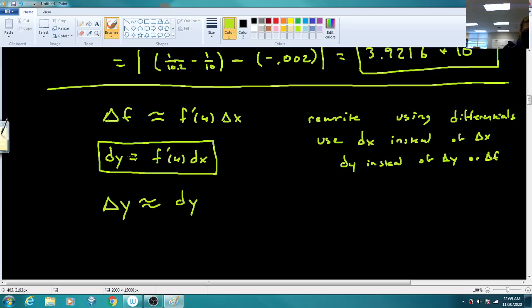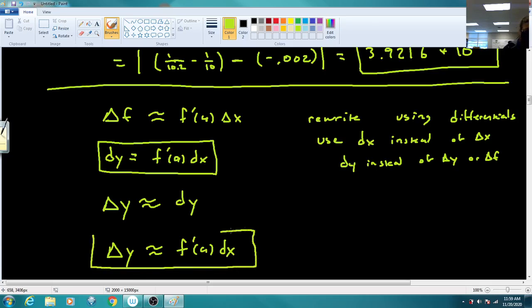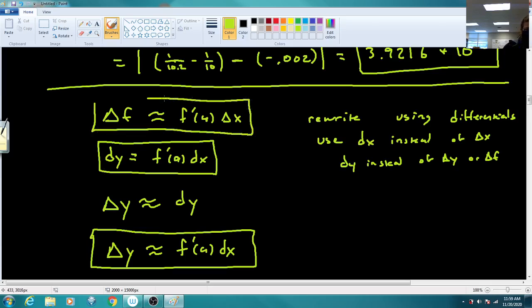Since the differential dy is equal to f prime of a dx, we can replace dy with that, and we'll get delta y is about equal to f prime of a dx. And if we compare this equation to the original equation we started with up here, we'll see that they're very similar.